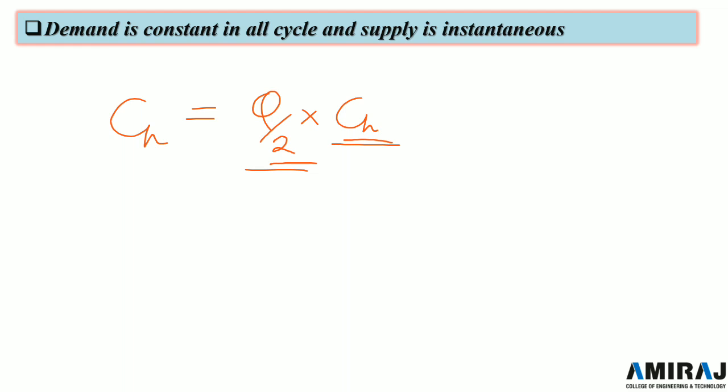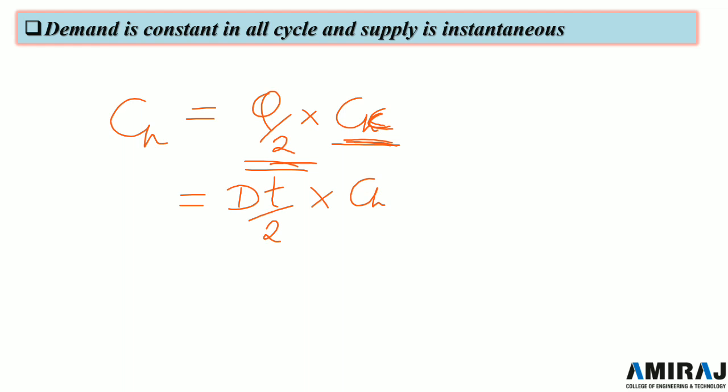This is the carrying cost per unit time. You can write it as CC as well, carrying cost per unit time. And here Q is equal to D into T, so it will be DT by 2 into CH.